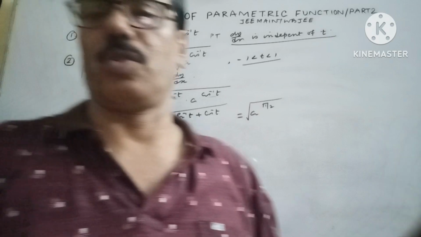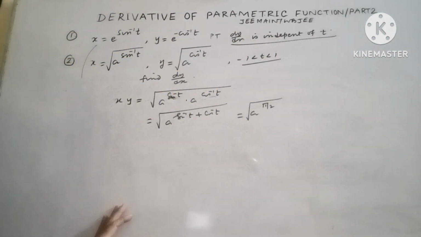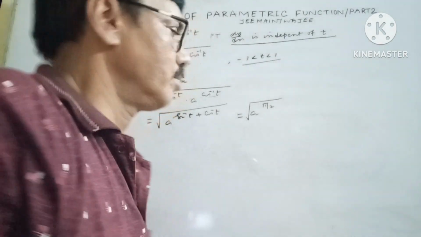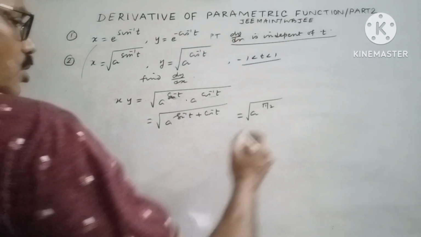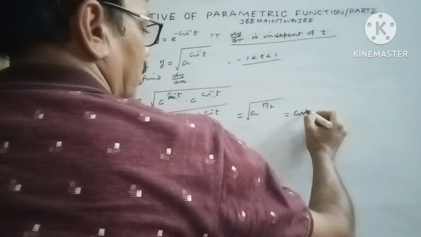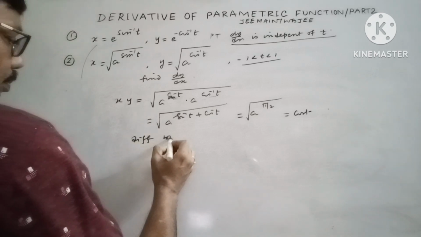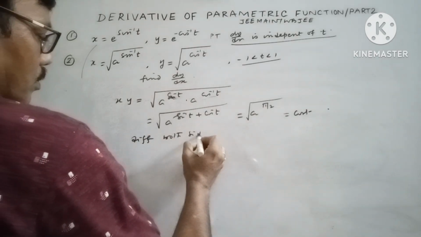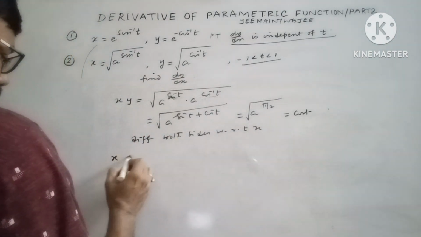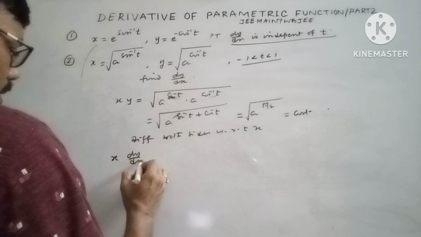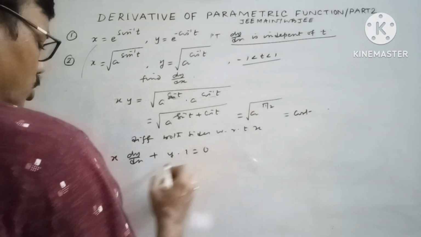So this is constant. Our main aim is to find dy by dx. So this one is constant. Differentiating both sides with respect to x: x into dy by dx plus y into 1 equals 0.